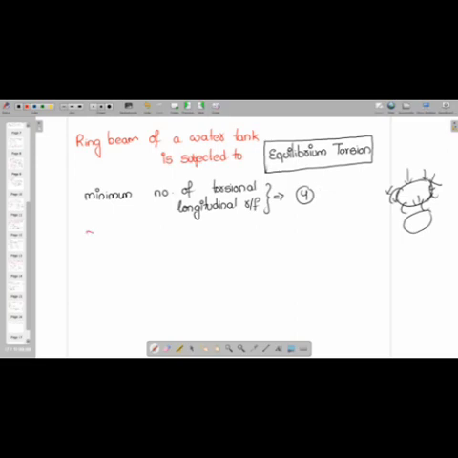Next one I would like to tell you. Transverse torsional reinforcement is provided by vertical stirrups.